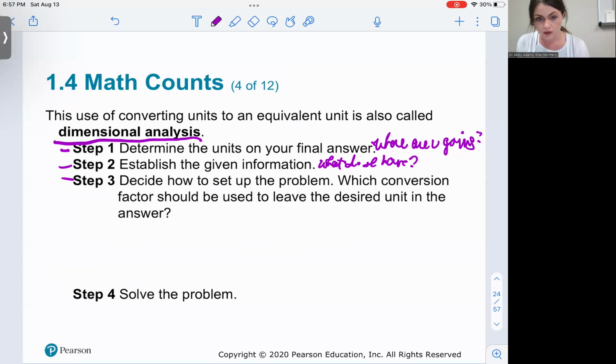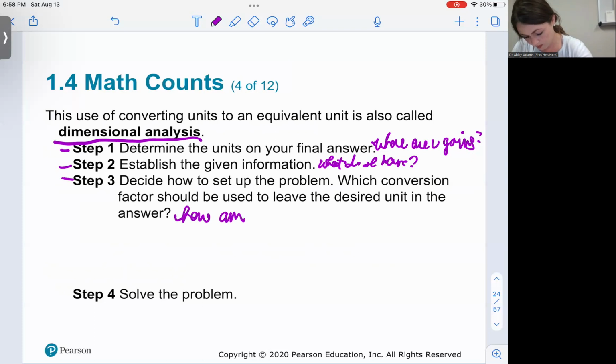All right, so determine the units. Where are you going to? Establish the given information. Where am I at right now? So sort of like a map. What do I already have? In step 3, decide how to set up the problem. So how am I going to get there?